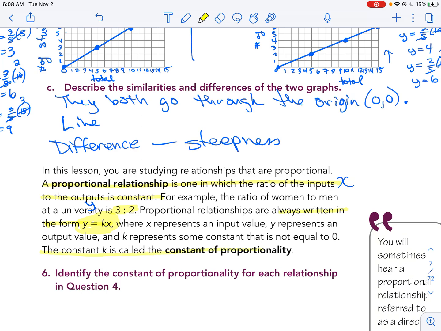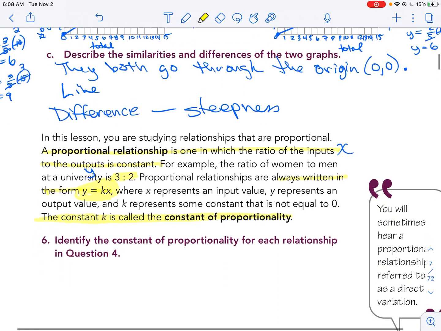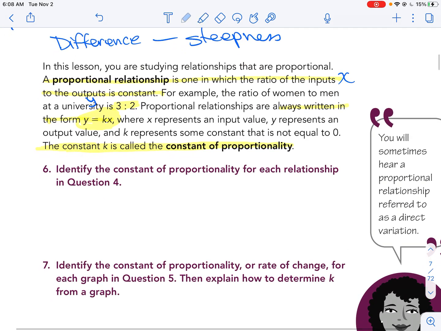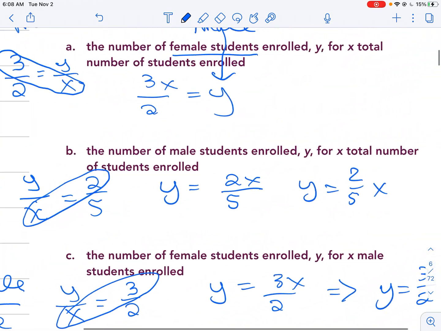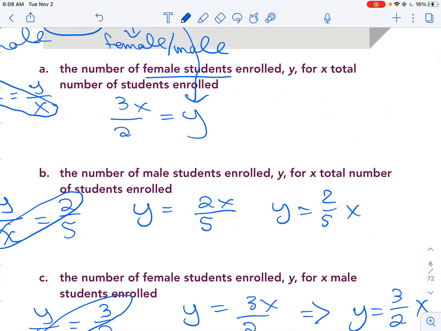And that k is what is called the constant of proportionality. So from question number 4, this one right here, 3 over 2 is the constant of proportionality. You know what? I'm going to highlight them.